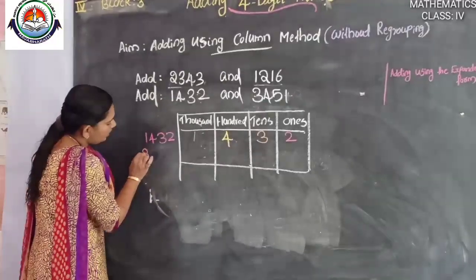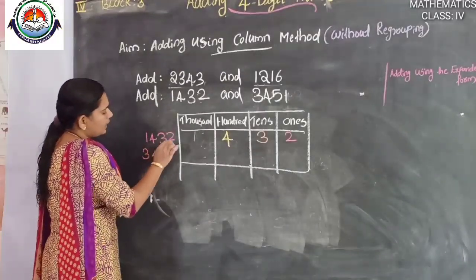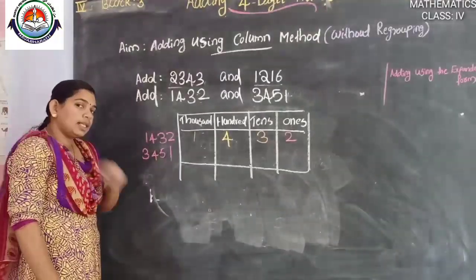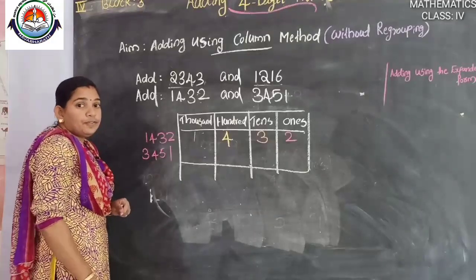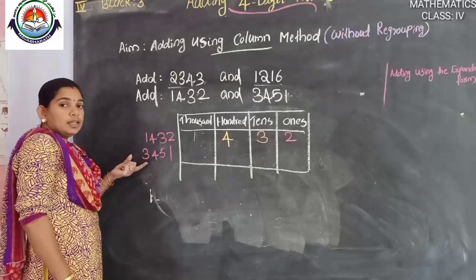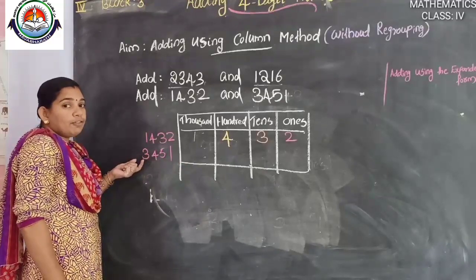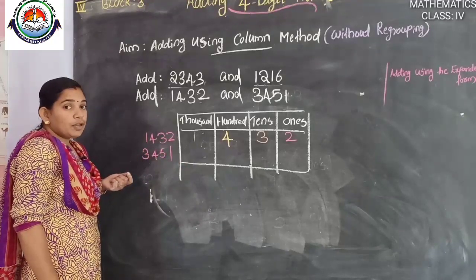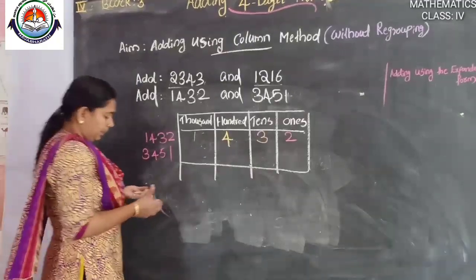Then the second number is 3451. In this number, 1 is in the place of ones. Okay.